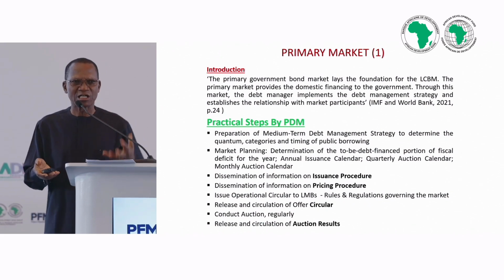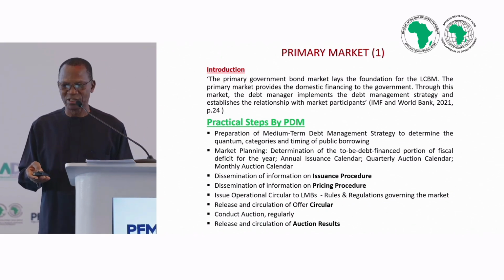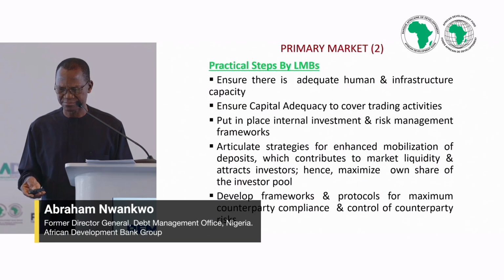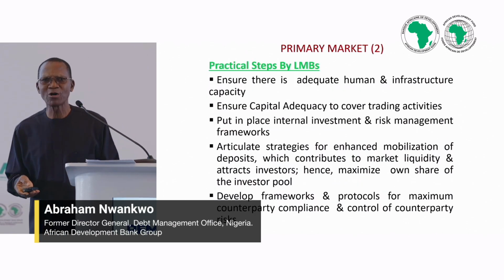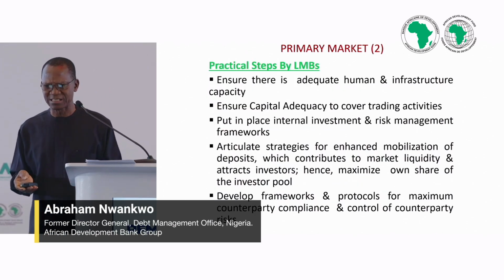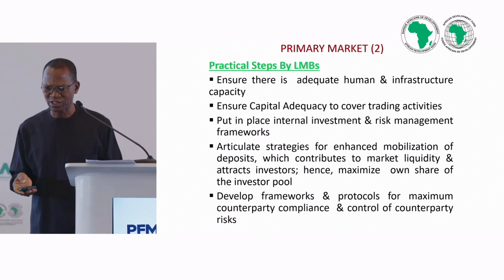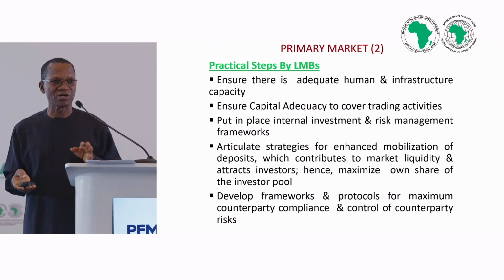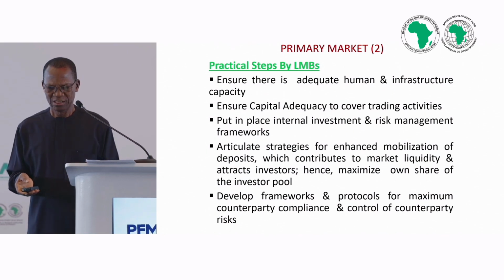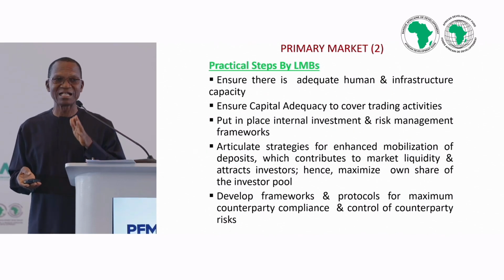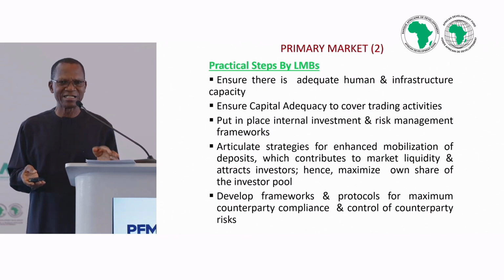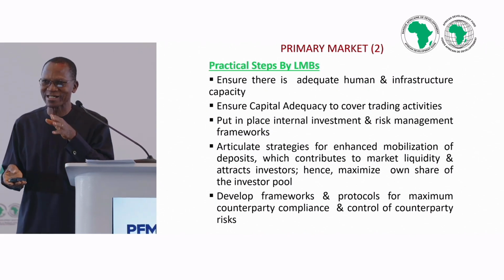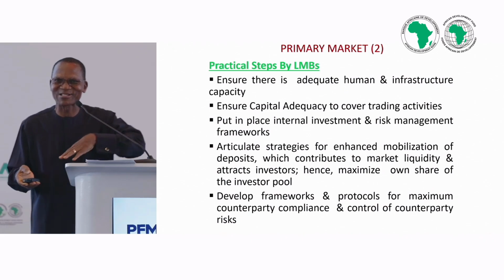Of course, after the auction, the debt manager has to release the auction result. Now, what are the practical steps to be taken by the lending money banks? They have to ensure that they have adequate human and physical infrastructure for the purpose. This includes platforms. Let me mention that I omitted something in the case of the Debt Management Office. The Debt Management Office must critically make sure that it has the appropriate auctioning platform.